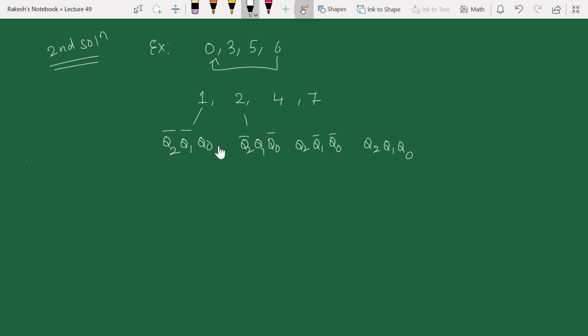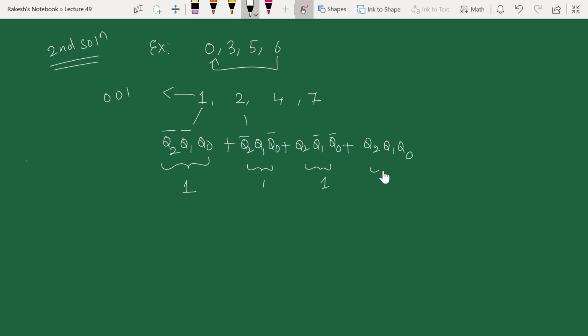Now what I am going to do, I am going to add all these 4 minterms. If you look at this combination, whenever 1 comes, 0 0 1 comes, this bit will be 1. Whenever 2 comes, this bit will be 1. Whenever 4 comes, this bit will be 1.